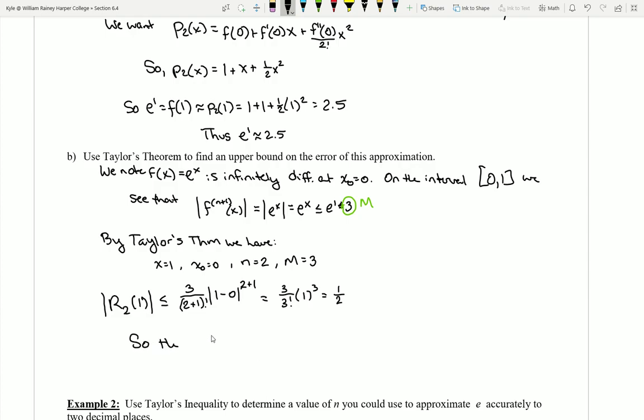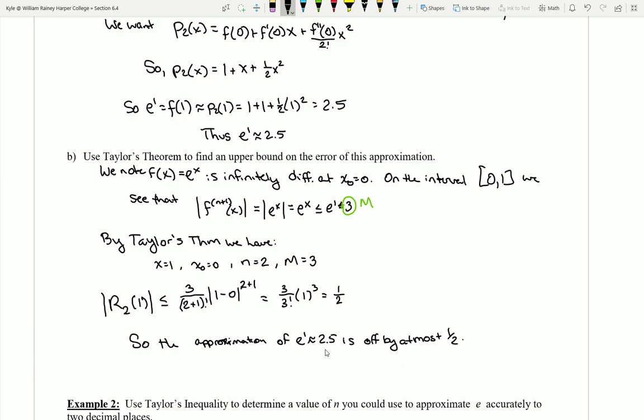So the approximation of e to the first being roughly 2.5 is off by at most 1/2.